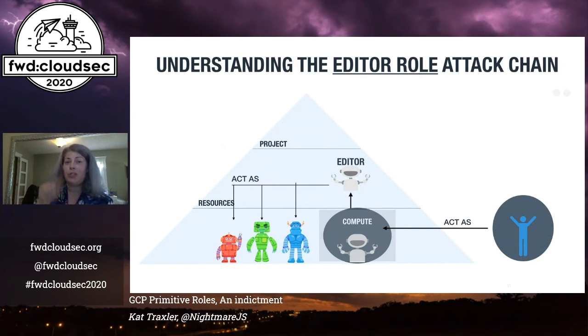The attacker used that permission to obtain project level permissions to operate all of the service accounts within the project, with the end result being that when you have the act as permission at the project level, combined with some ability to create some resource, such as compute, you can retrieve the access tokens for all of the service accounts housed within a project.